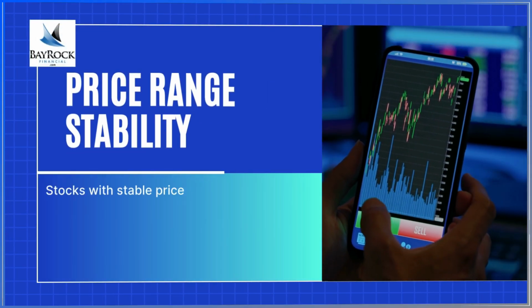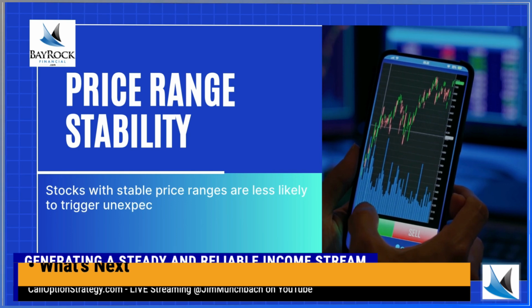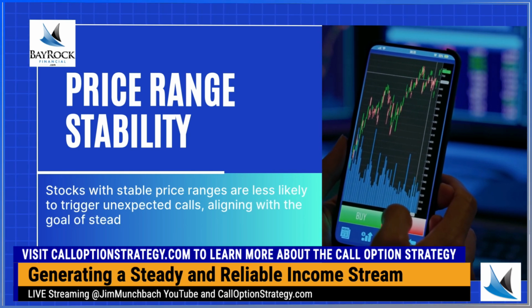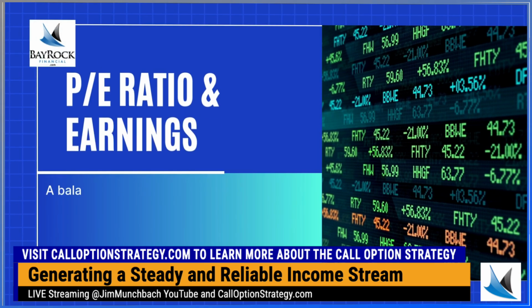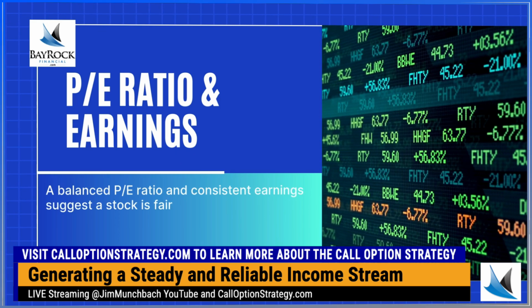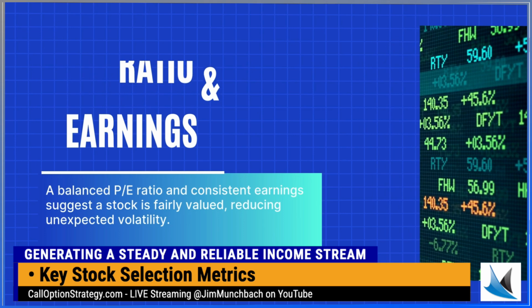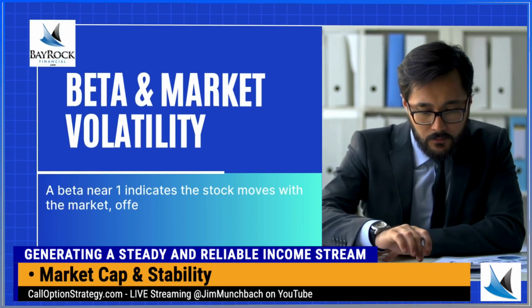Price range stability, you saw what we were doing with those stock charts. We were looking to see how much the price changes. We want something that's relatively stable. We didn't spend much time on PE ratio and earnings, but as we get into the fundamental review, we pay close attention to that.